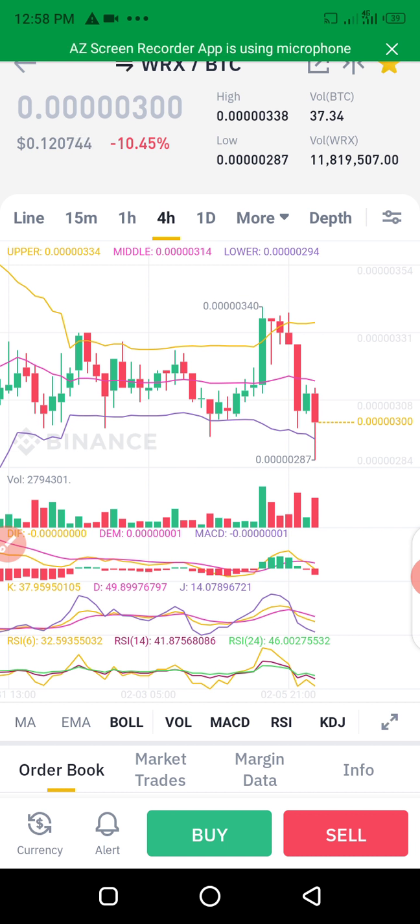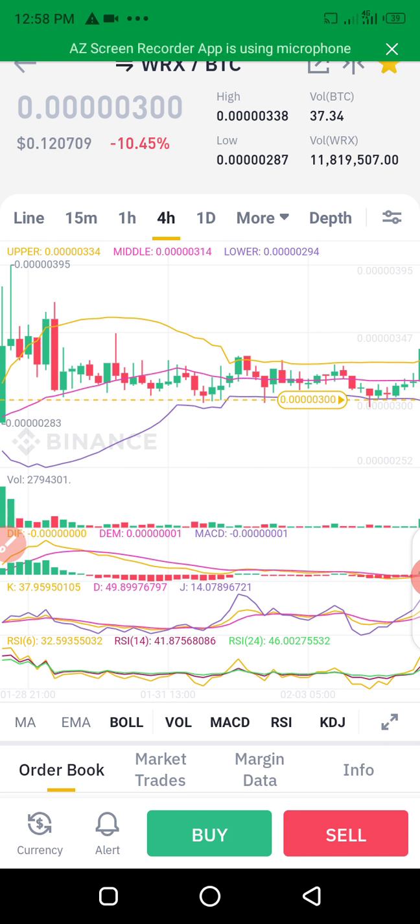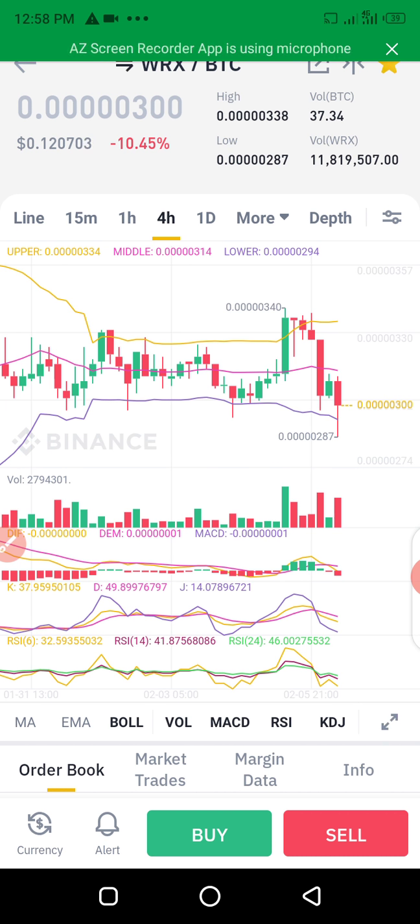And we also have the MACD line. What MACD is telling us is that this yellow line is the signal line of MACD. Whenever you see this signal line cross the MACD line, let's look at it here.